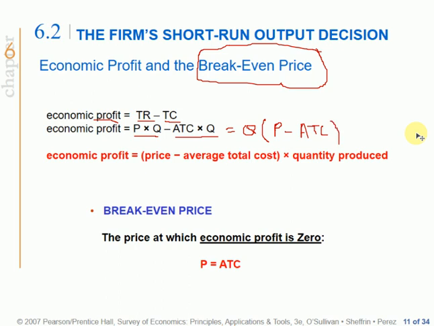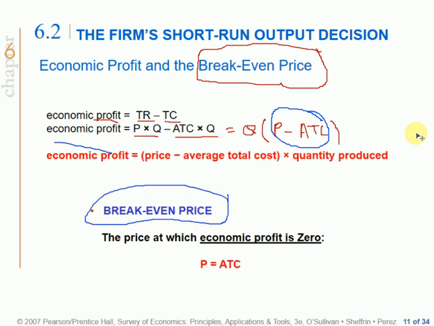So, when the price is equal to ATC, the average total cost, the economic profit is equal to 0. Then the price at which the economic profit is 0 is called the break-even price.